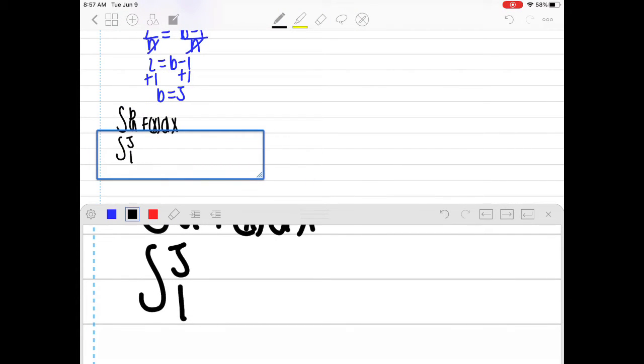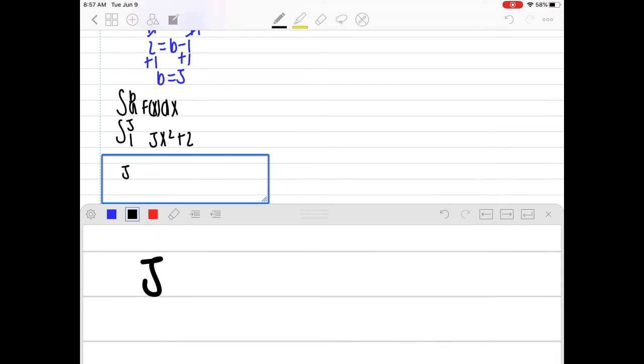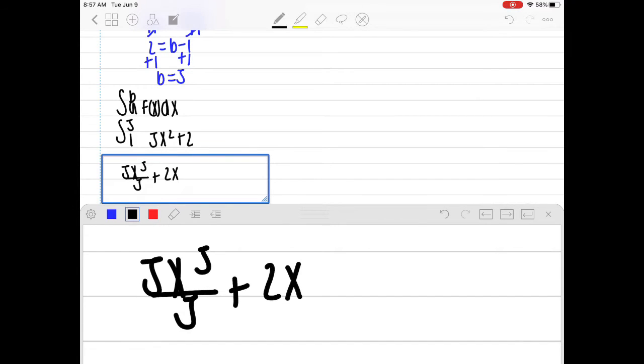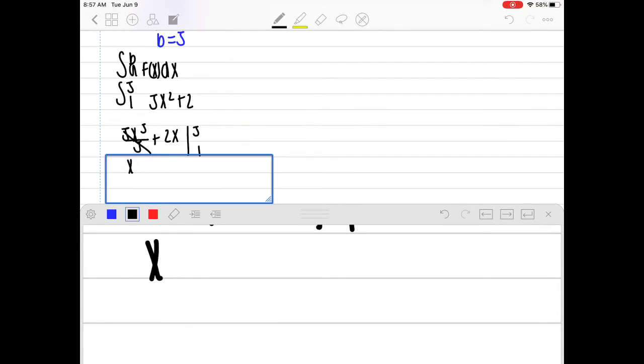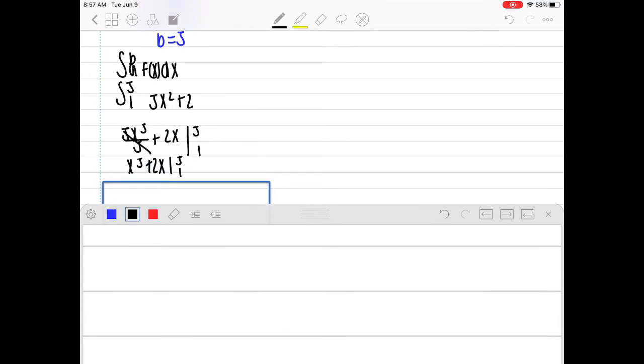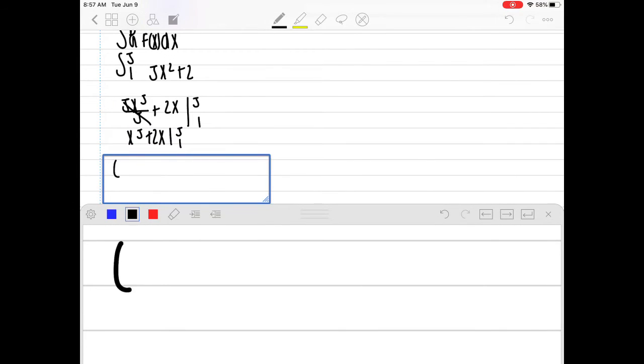So that's why our function is going to be 3x squared plus 2, and we are going to take the antiderivative of this function by using the power rule and the constant rule, which is going to give us x cubed plus 2x at the bounds 3 and 1, and then we're going to use the fundamental theorem of calculus.